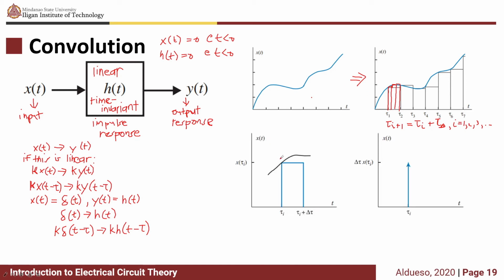Looking at one pulse, the area of this pulse is equivalent to the width times the height. So this is equivalent to x of tau i times the width, which is delta tau.